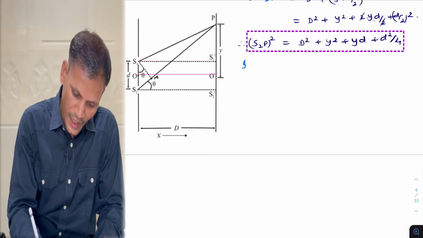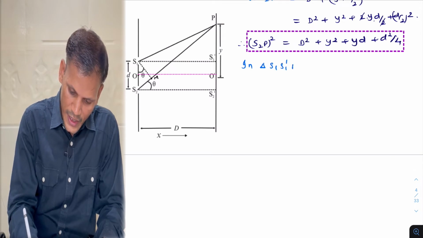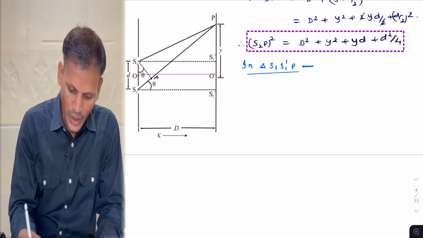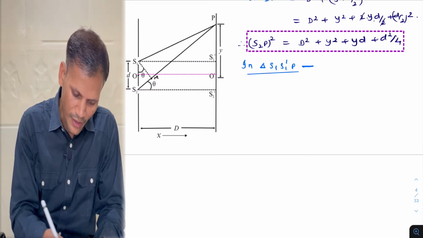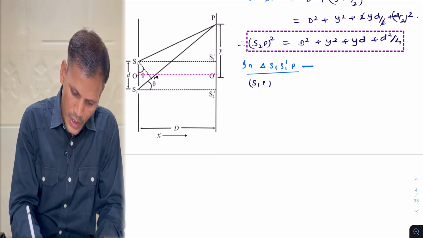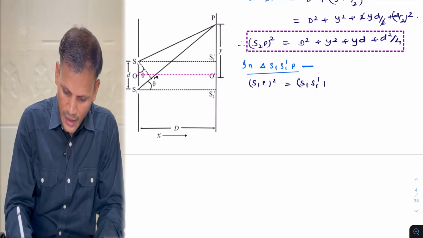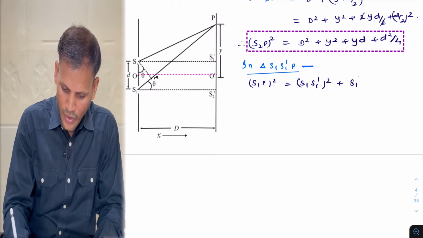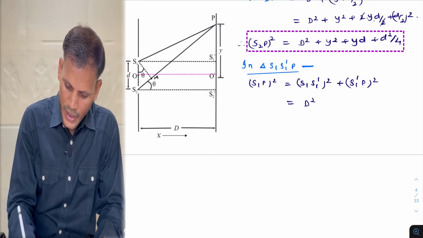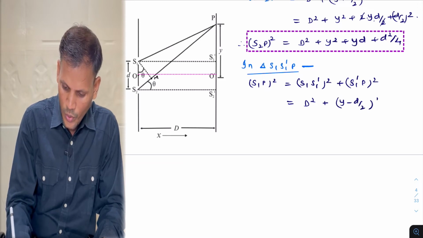So now in triangle S1 S1 dash P, again according to Pythagoras theorem, S1P square is equals to S1 S1 dash square plus S1 dash P square. That is capital D square plus y minus d by 2 to the whole square.